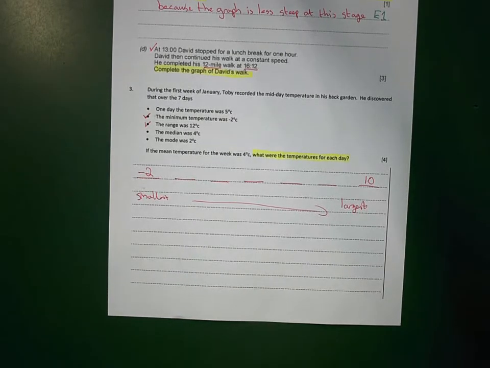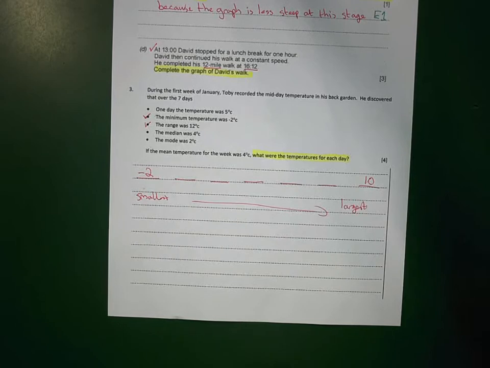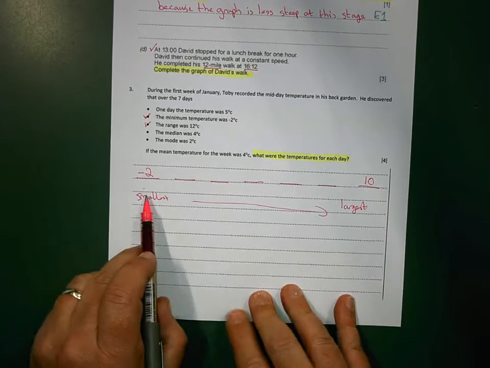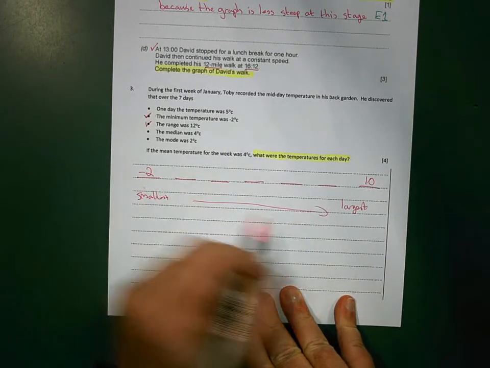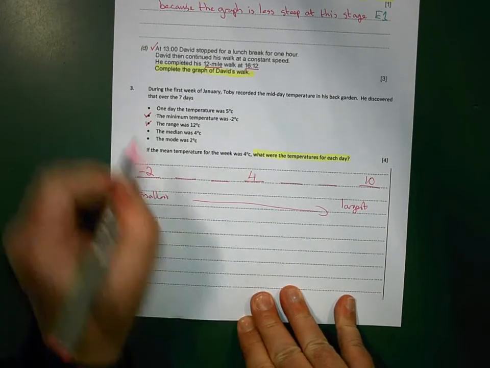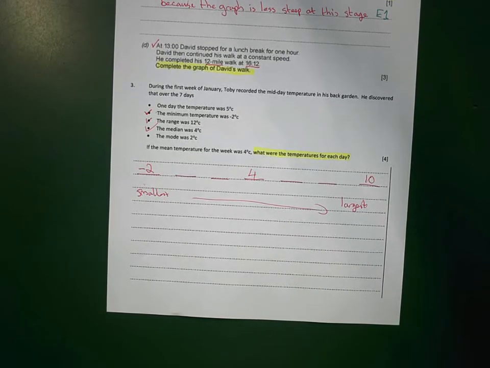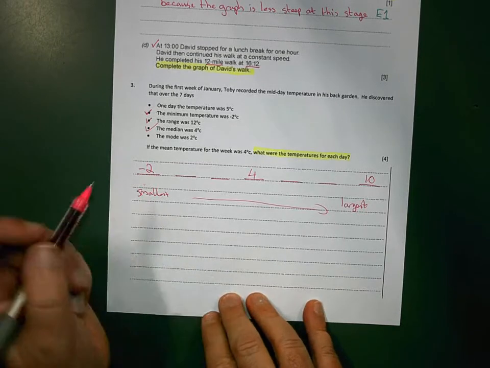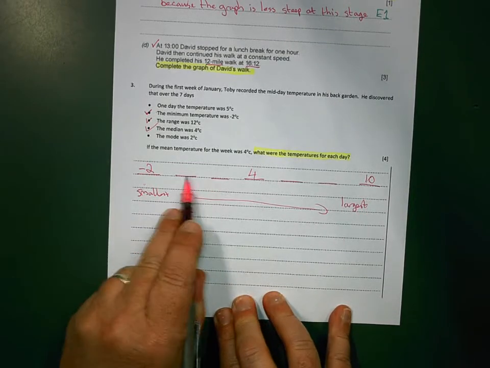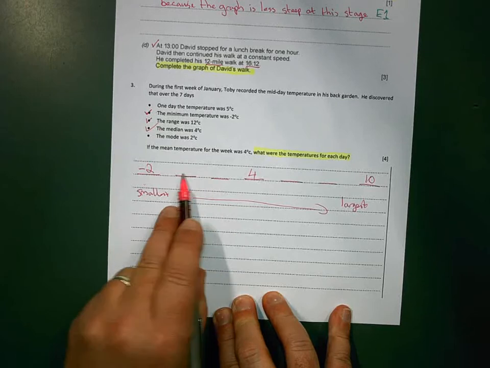The median was 4. The knowledge you need is the median is the middle value in an ordered list. Well, our list is ordered, so the middle value is 4. I can tick that one off. The mode was 2. The mode is the most frequent. Well, that means that those 2 there, because it's ordered, have to be 2.